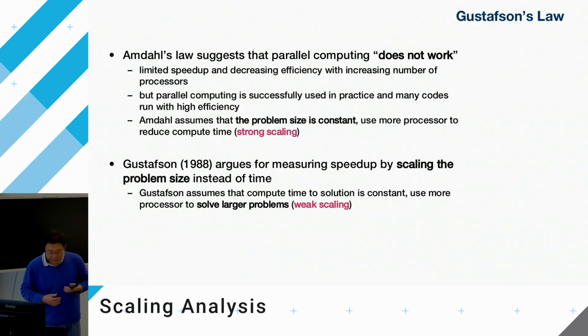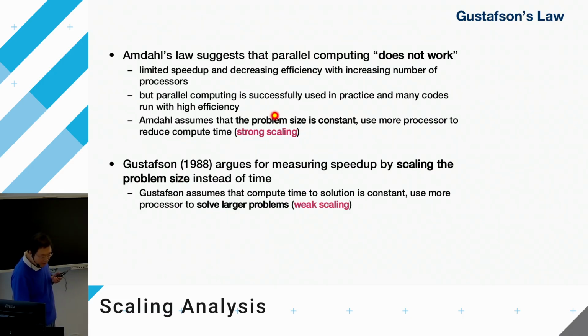But in reality, we can increase our problem size, for example, by simulating a large problem. To be more specific, let's say we increase our simulation, number of atoms from 100 to 200 to 300 and so on. We can increase the problem size instead of using a constant problem size.